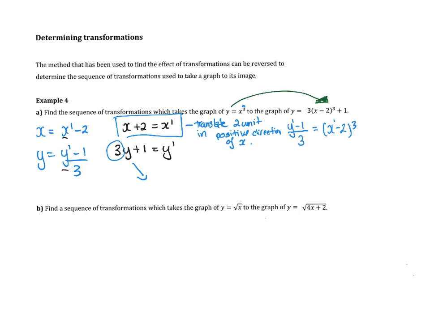To get that dilation of 3 on the y, what did we do? We dilated 3 units from x-axis. Yes? And then we translated what? 1 unit in the positive direction of y. Yes?